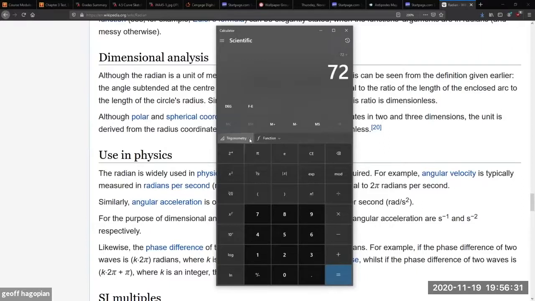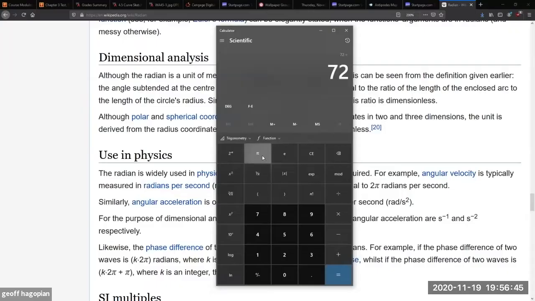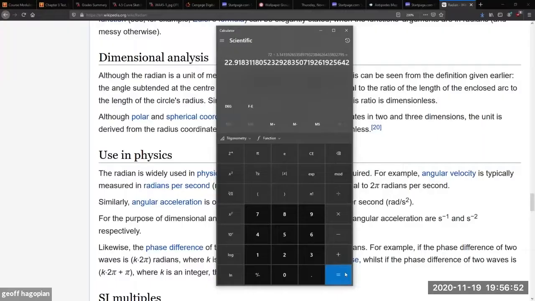I can't find things on it. 72 divided by pi. You see pi? It's in the top row on the left, down a little bit, and then to the right. Oh, I see it now. I'm just blind, aren't I? Okay. So yeah, it's close to 23, right? 22.9. Okay, whatever.